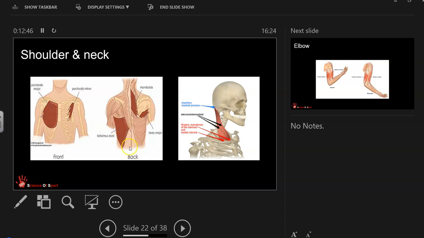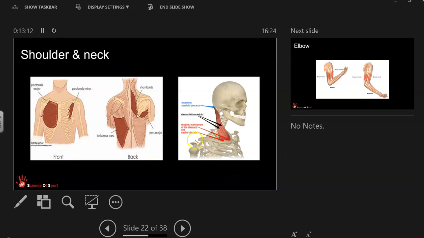Posteriorly then we've got latissimus dorsi, which we've identified already, and then again it shows the rhomboids here and teres major. So protraction would be the pectoralis muscles, retraction would be rhomboids and teres minor, that pulling back of the shoulder blades.